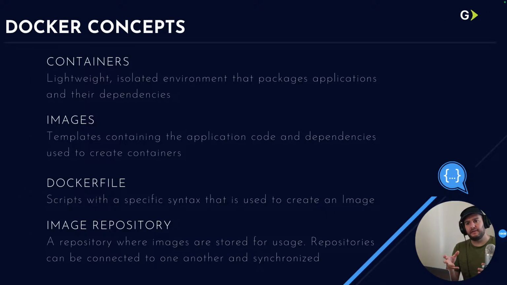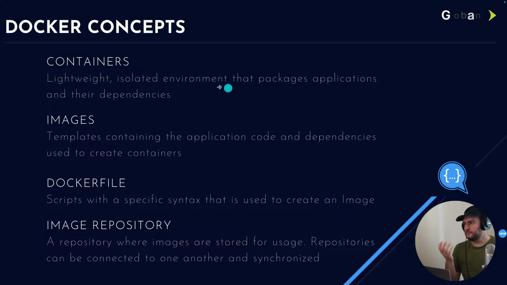So a container is a very lightweight virtual machine. So it's very thin. It doesn't have a lot of things. It just has whatever the application needs to run. So a Java application will need a simple operating system, and then it will need the Java virtual machine. So if you have those two things, you can actually run a Java application.